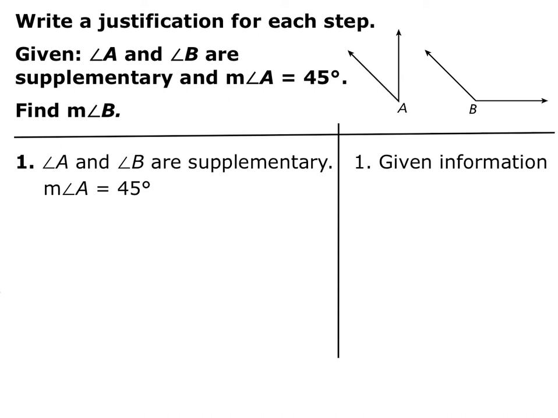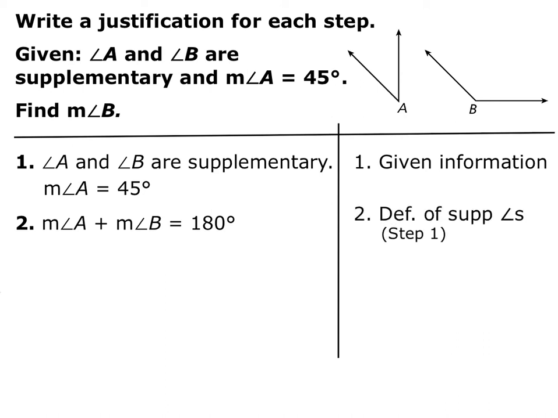Supplementary means 2 angles that add to be 180. So that's my statement, that those 2 angles measures add to be 180. What's my justifying reason? Definition of supplementary angles. And I put step 1 just to tell you I thought about something from step 1 to come up with this.